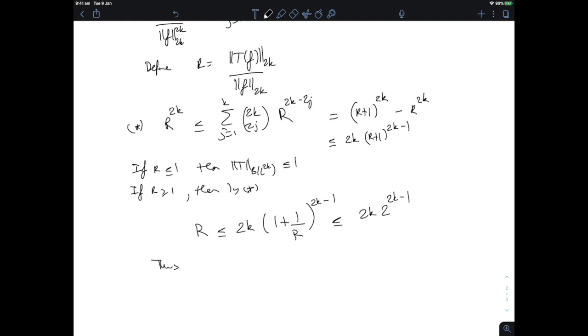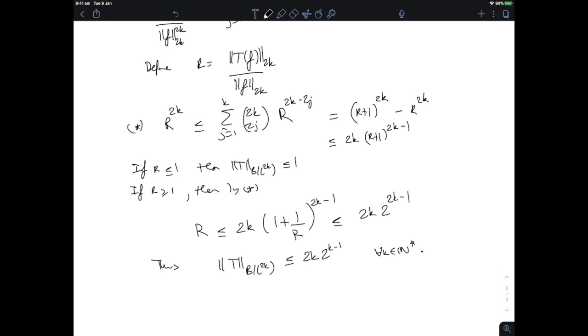So therefore we have that the norm of T as a bounded operator on L^{2k} has to be smaller than this quantity, for whatever fixed k at least 1 that we are looking at. Great, so our operator is bounded on L^{2k} for every k.